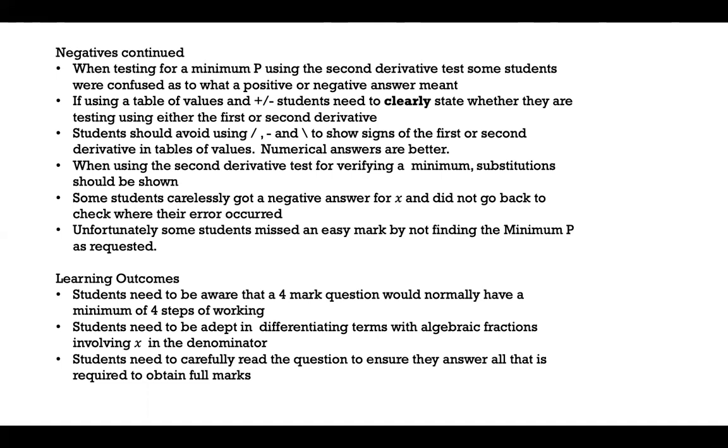Some students here carelessly got a negative answer for x, which obviously you can't have a negative length. And again, this didn't ring alarm bells for them, and they did not go back to check where their error occurred, and it was often just a simple numerical mistake moving something to the other side of an equation.